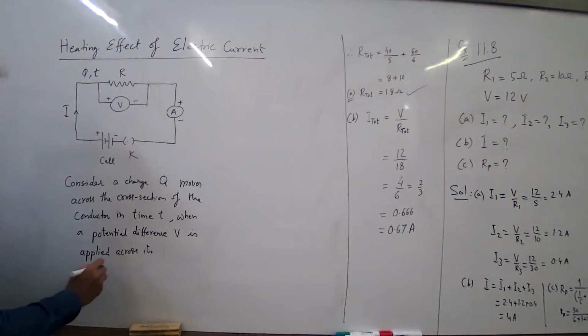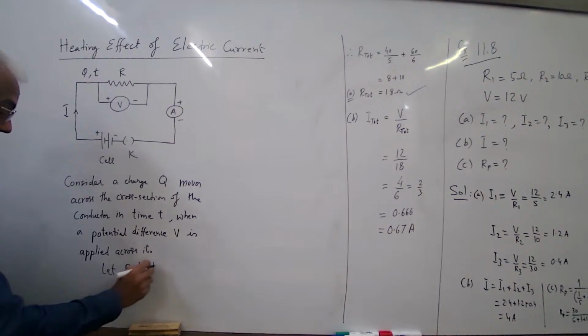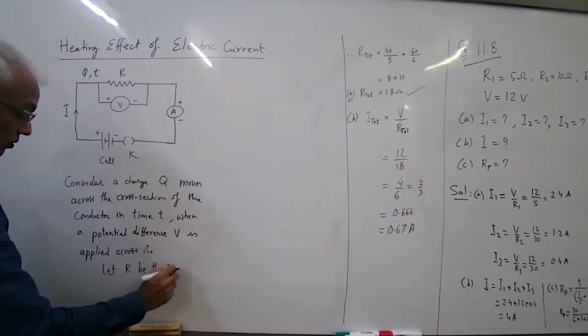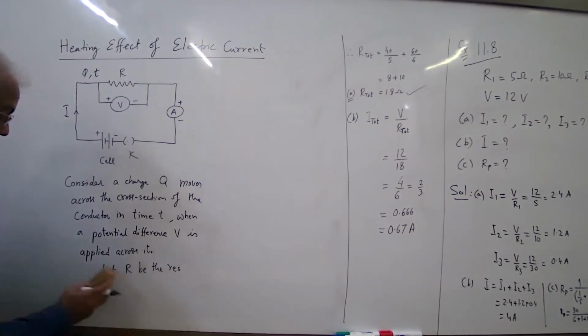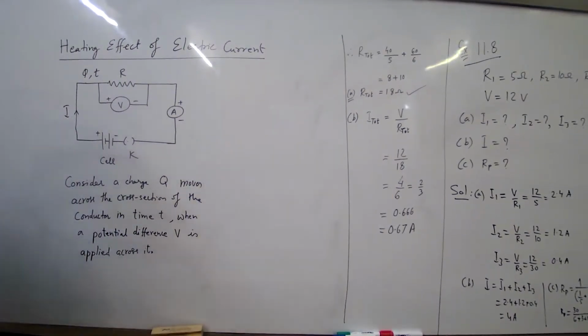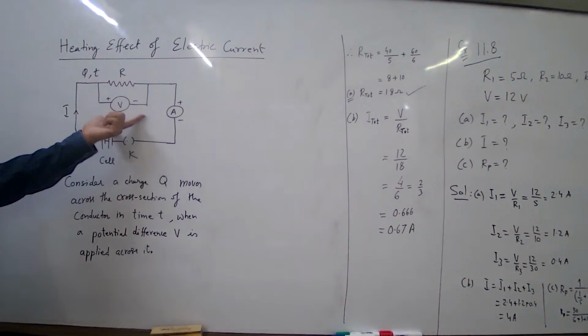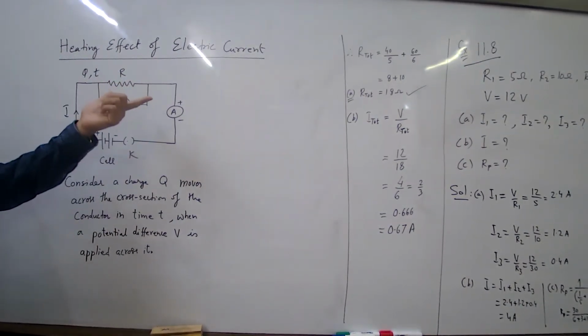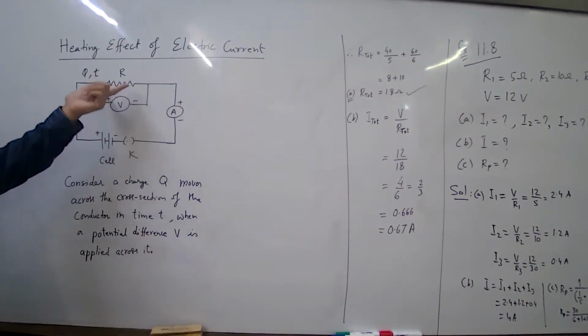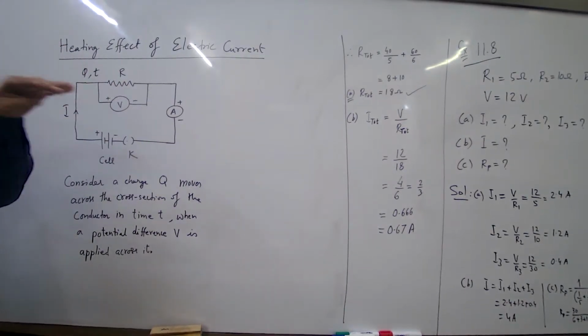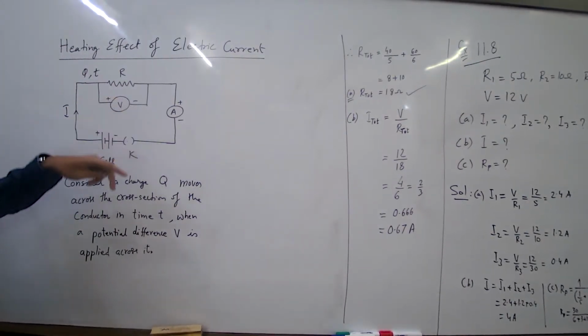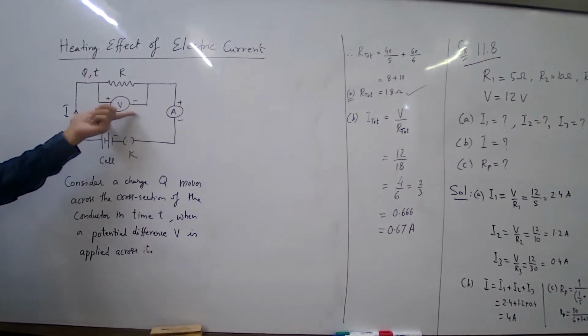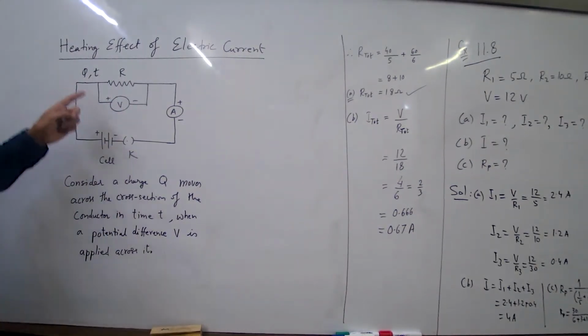Let R be the resistance of the conductor. Every conductor has resistance. Resistance is nothing but the opposition, the measure of all the collisions. So what is the work done by the potential difference in moving charge Q?